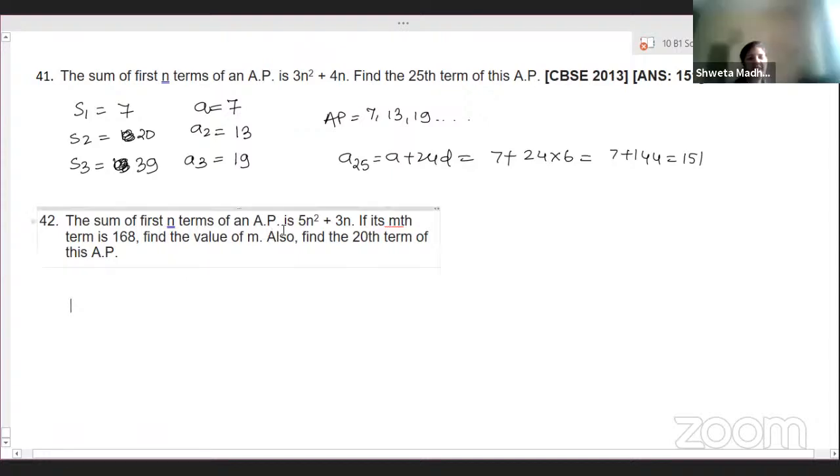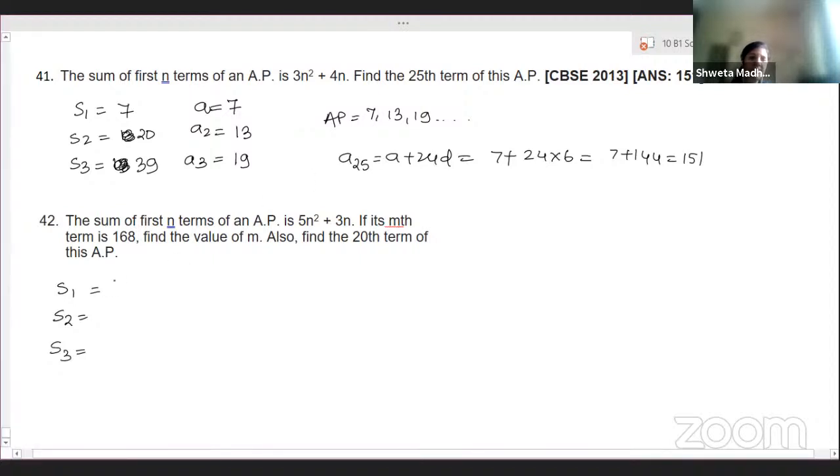Sum of the first n terms of an AP is 5n square plus 3n. If its mth term is 168, find the value of m. And then also find the 20th term of this AP. So you have to first form the AP. For that, you need to find the value of S1, S2, and S3. So what is S1?